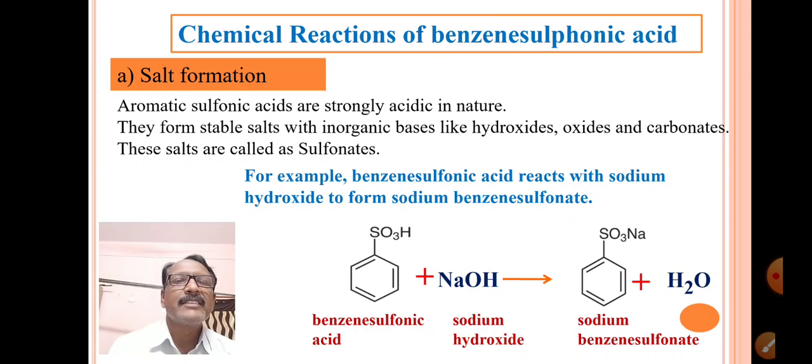This is the first reaction in which benzene sulphonic acids form different salts with different hydroxides, oxides and carbonates.